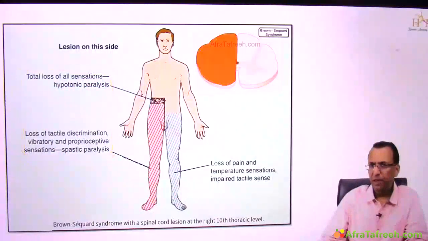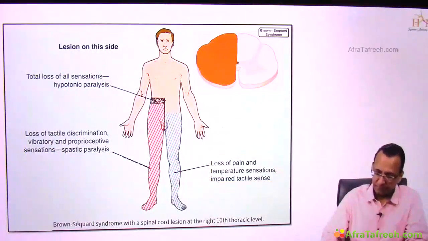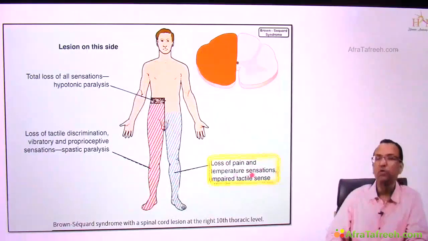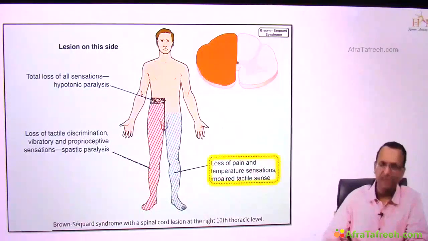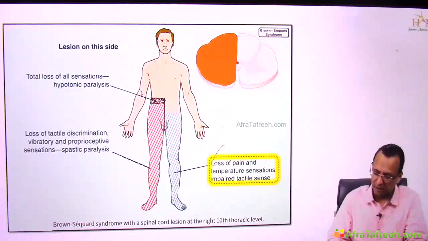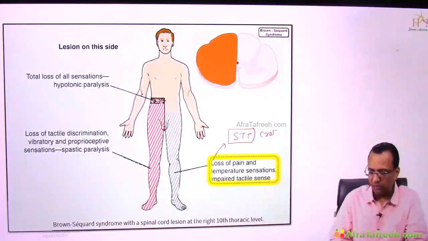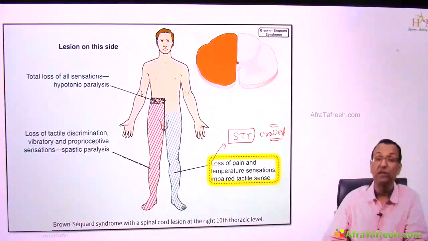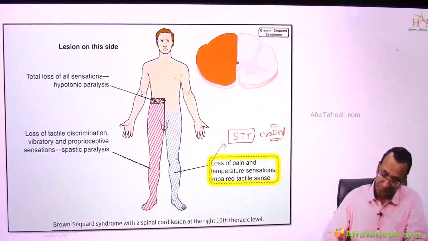But if you're talking about the loss of pain temperature and the crude sensation, they are contralateral. Why they are contralateral? Because they are carried by the spinothalamic tract, and spinothalamic tract is a cross tract and running contralateral. That's why the problems are contralateral.